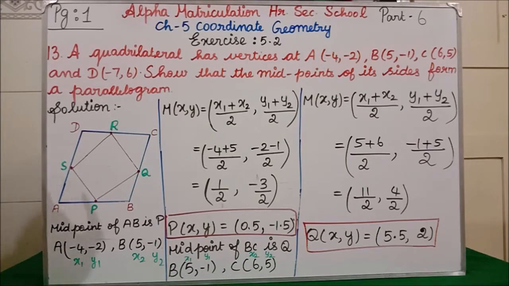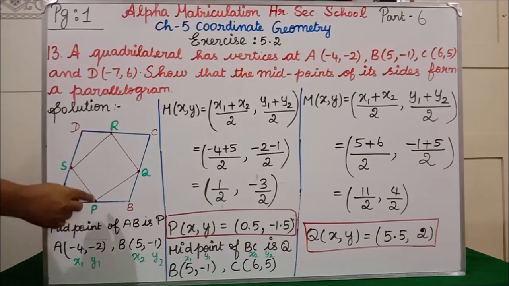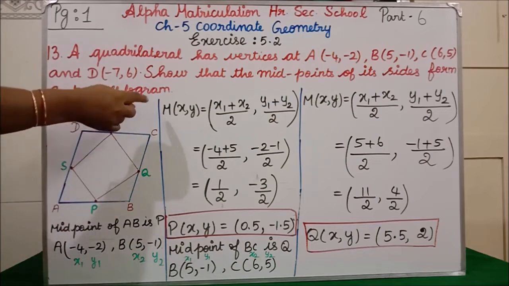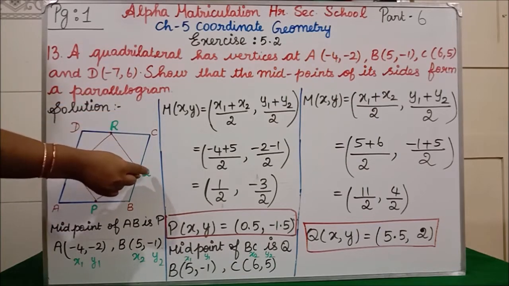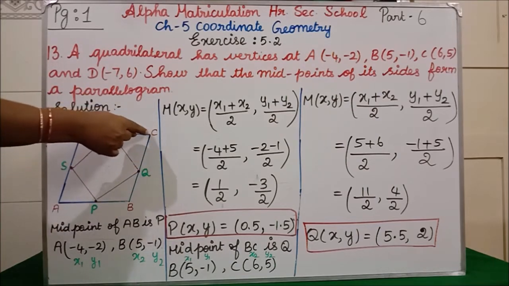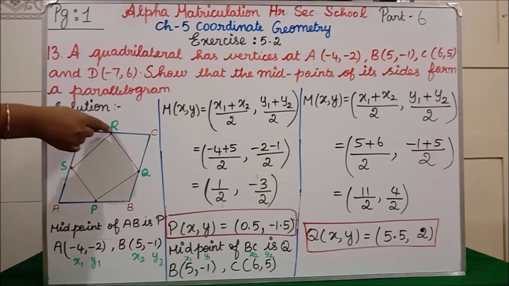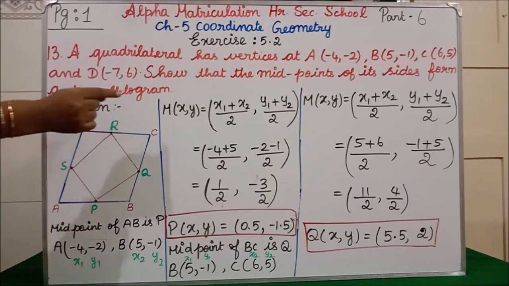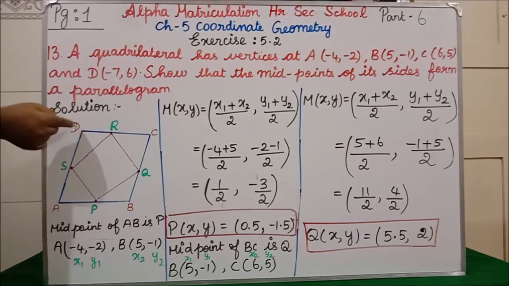On side AB we take the midpoint as P, on side BC the midpoint as Q, on side CD the midpoint as R, and on side AD the midpoint as S.